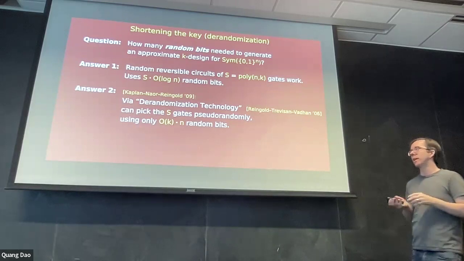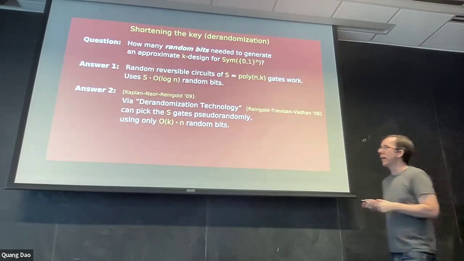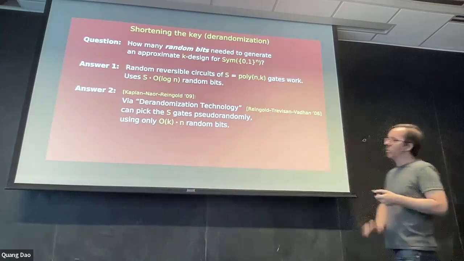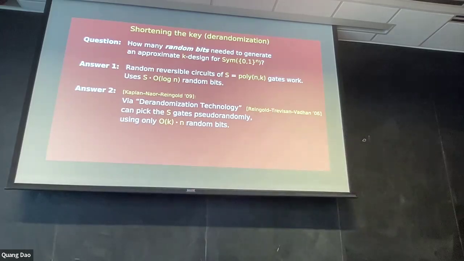You can pick them in a pseudo-random fashion that only uses basically k times n random bits, which is really the minimum amount of random bits you could hope to use. Depending on which results you're using, your circuits might have n squared k squared, or n cubed k cubed gates, but you only need kn random bits to pick them. So this would be the key length.